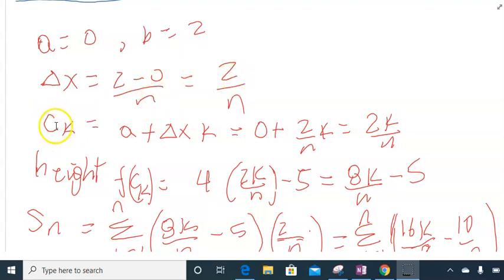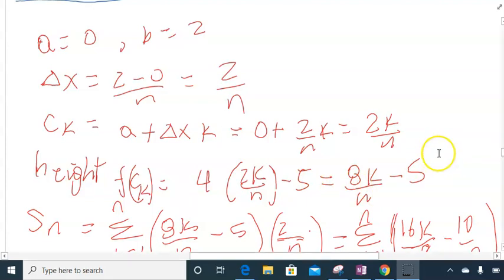The c sub k's will be equal to a plus delta x times k, which is 0 plus 2 over n times k, equal to 2k over n. The height of your rectangles would be f of c sub k, which is 4 times 2k over n minus 5, equals 8k over n minus 5.